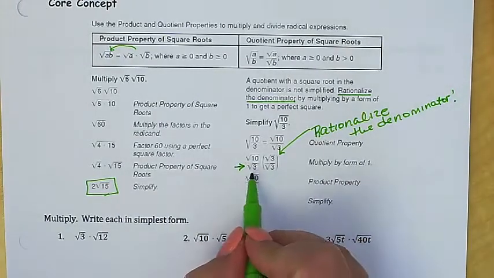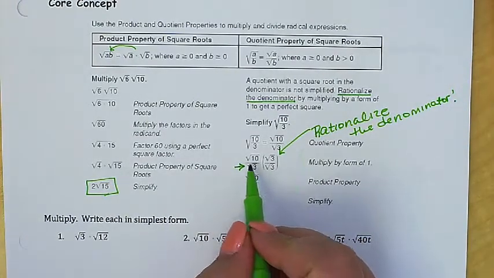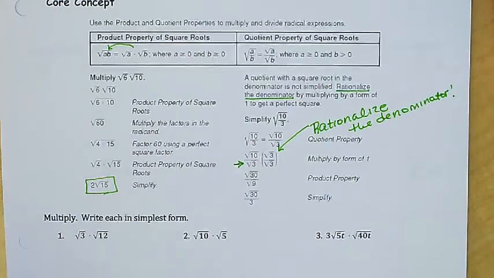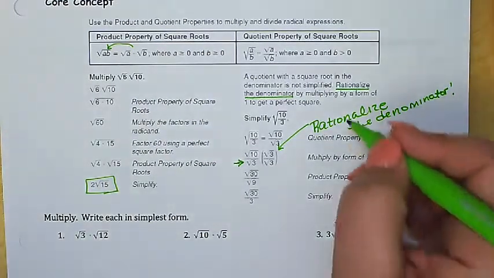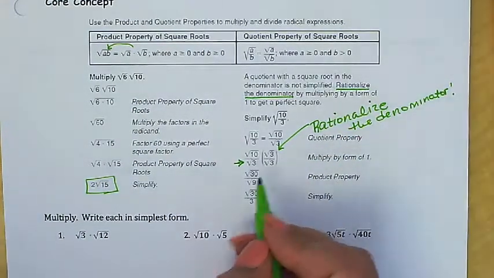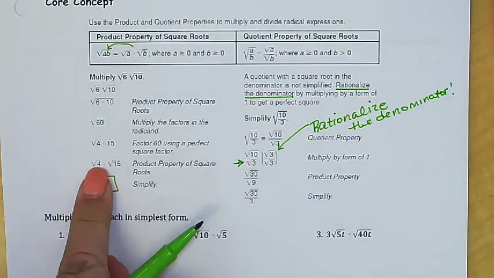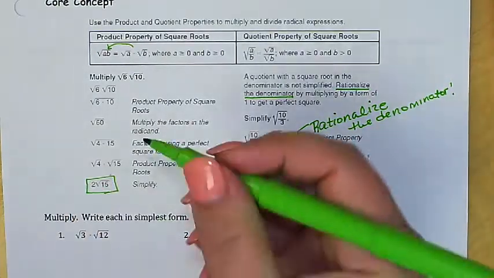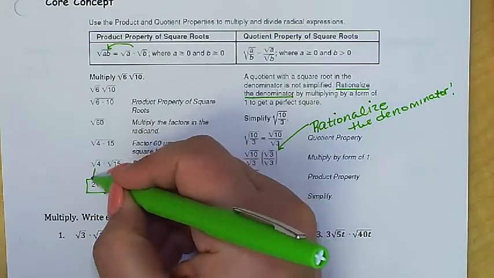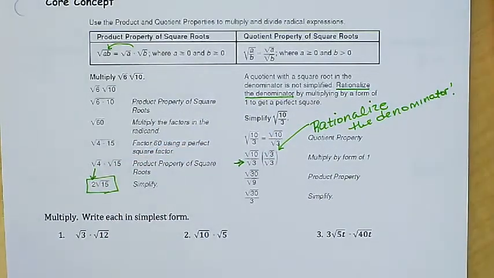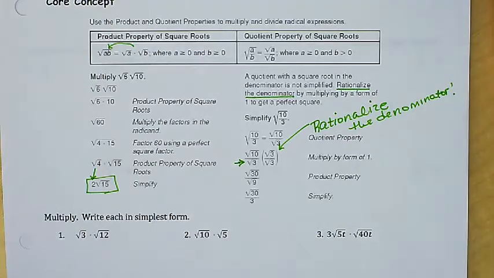So how do we do that? Well, we want to get rid of the radical. And in all of this practice, hopefully you've concluded that what allows us to drop the radical is when we have a perfect square. If I have a perfect square, then I can take that square root and drop the radical sign.